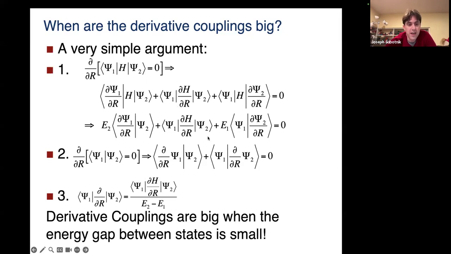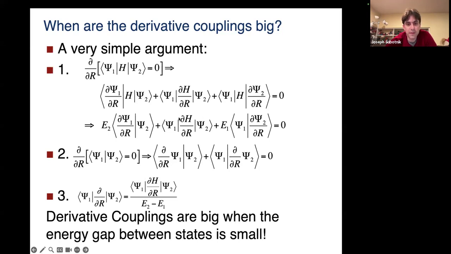So you have this equation. And if you also have the equation that the overlap of psi 1 with psi 2, these two eigenfunctions, is 0, then the derivative is also 0. You get this expression, which tells you that these two matrix elements are equal and opposite.